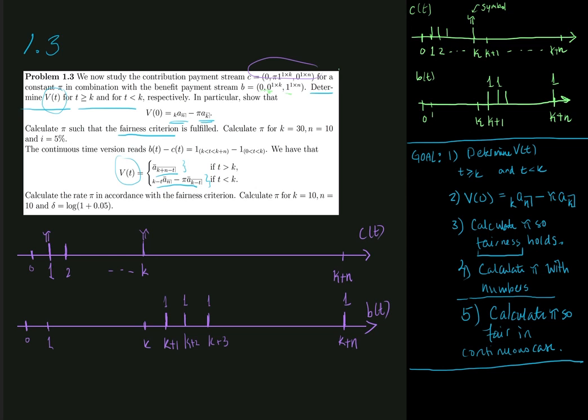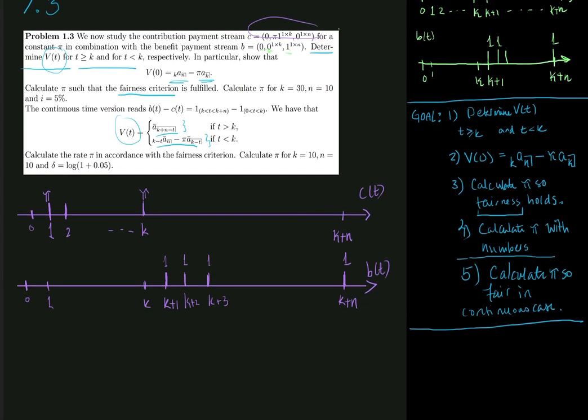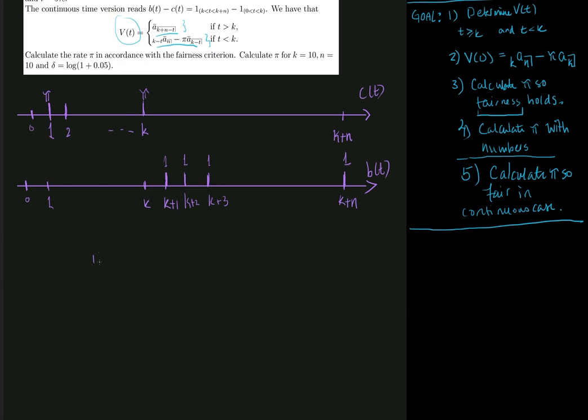So what is the reason we're looking at this payment stream? Well, how can we interpret this payment stream first and foremost? We can think of it as a savings scheme or some kind of savings contract where you pay the bank pi per time period, and let's just say one time period is a year, so you pay it the amount pi each year for k years.